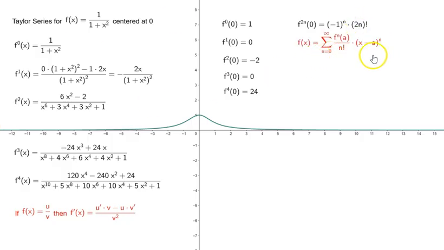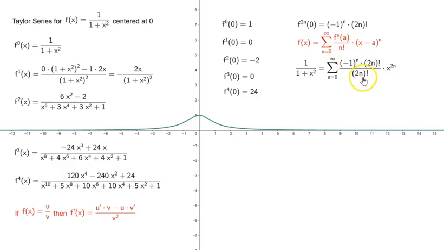And we know the general formula for the Taylor series. Now when we apply this formula to this particular context, we get 1 by 1 plus x square is equal to the sum as n goes from 0 to infinity of minus 1 to the power of n times 2n factorial divided by 2n factorial.